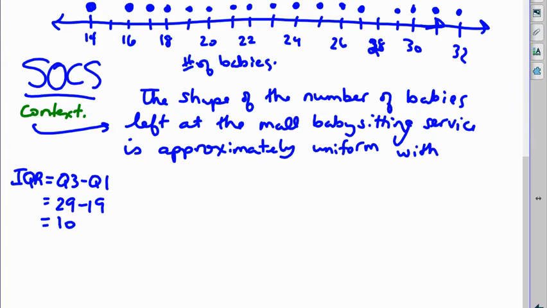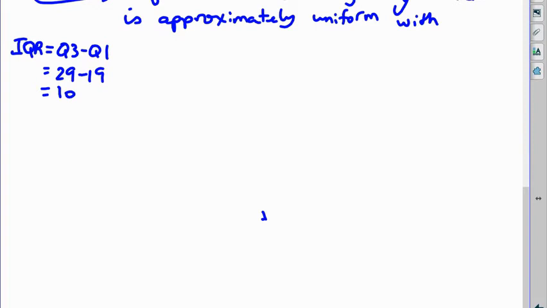I'm going to just extend my page. My max typical value, if I go 29 plus 1.5 times this IQR, which is 10, I get 44. And that's our max typical.